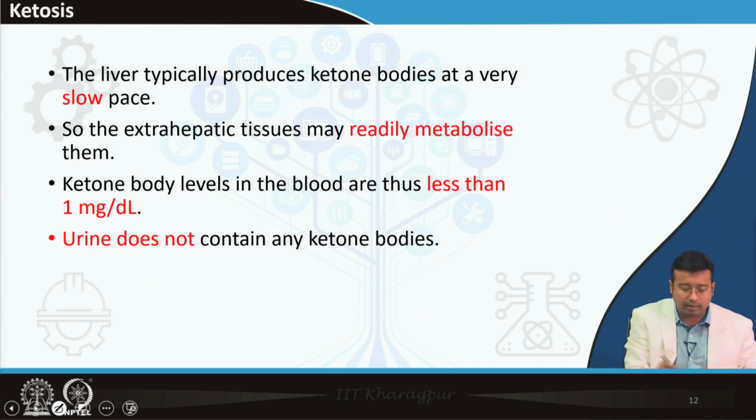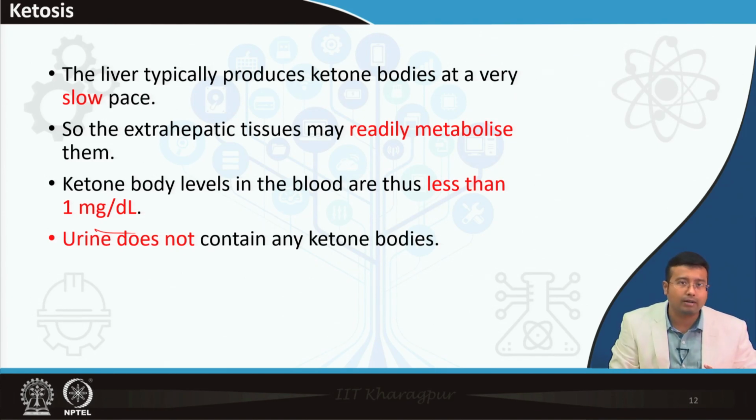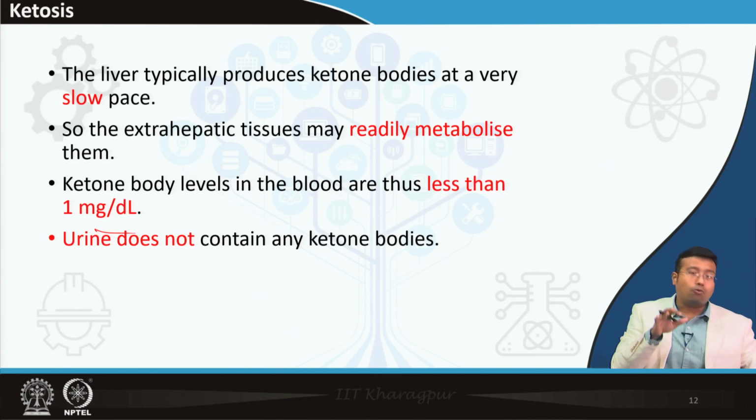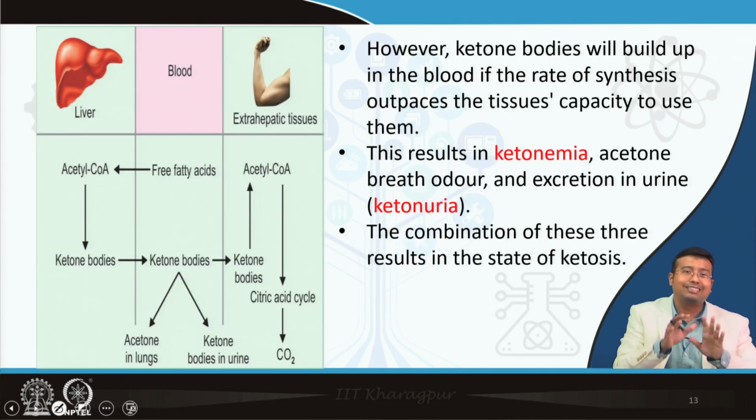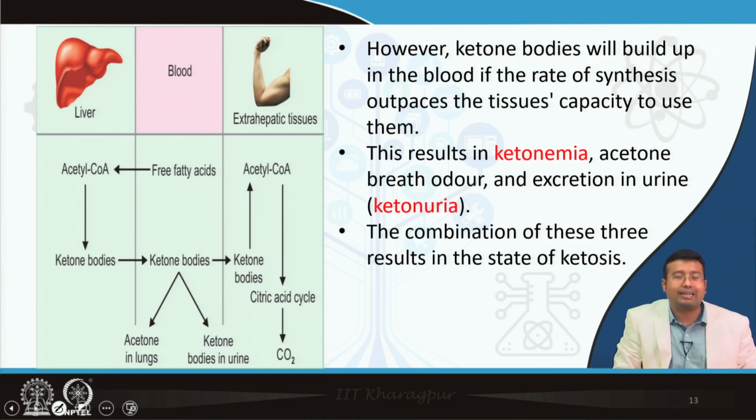It is less than 1 milligram per deciliter, and there is almost negligible or no excretion of ketone bodies in urine, right. But when this process is messed up, whenever there is excess production relative to utilization, then only will the amount of ketone body grow.